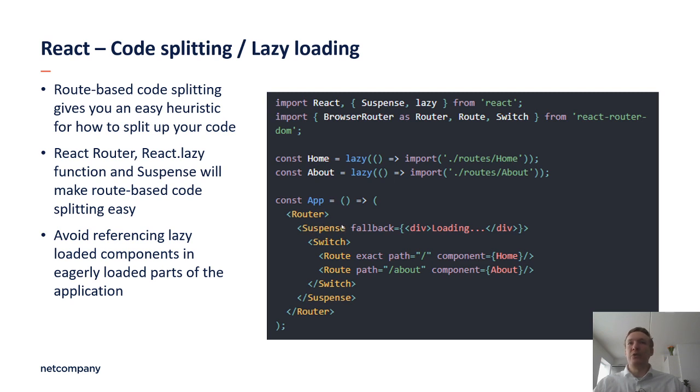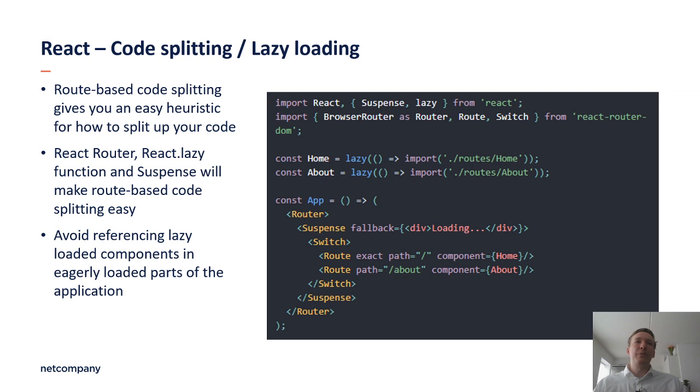So the router here is just React Router, which is pretty much the standard thing to use in React. What you do here is that as long as it's loading, it'll just show your fallback component. Here it's just some div that says loading, and then once it's finished loading, it'll show your component.